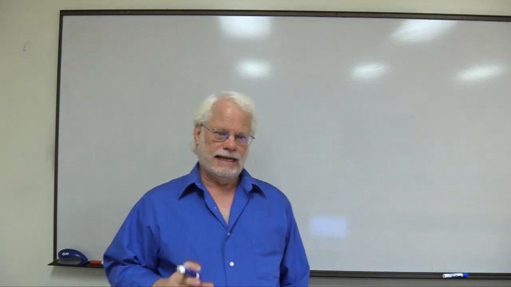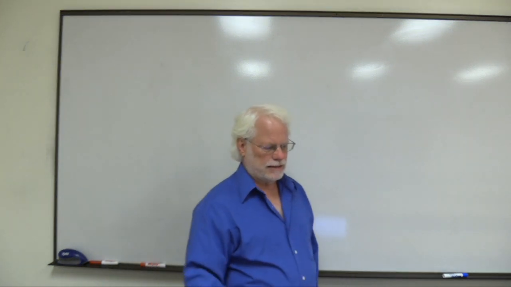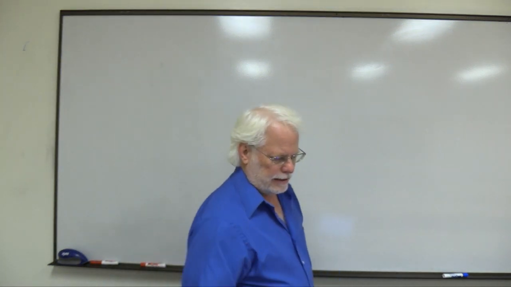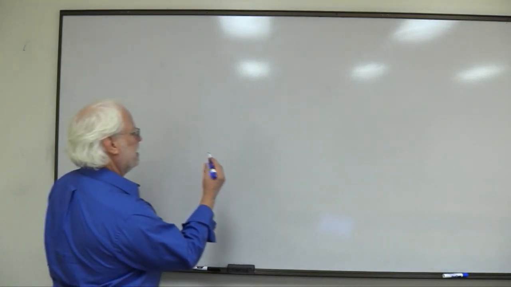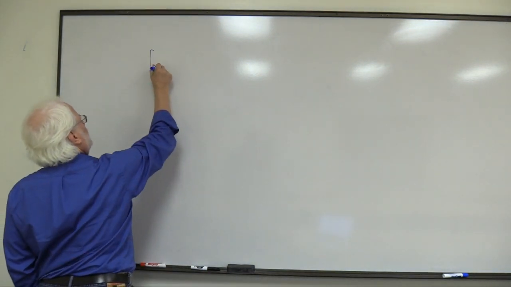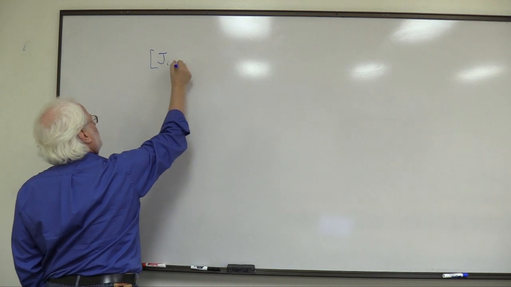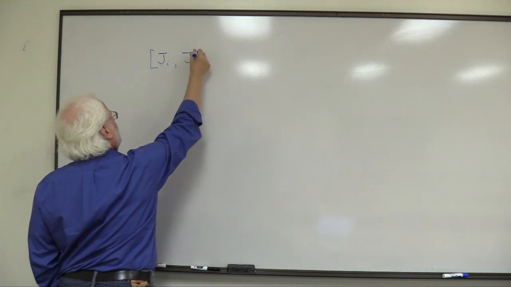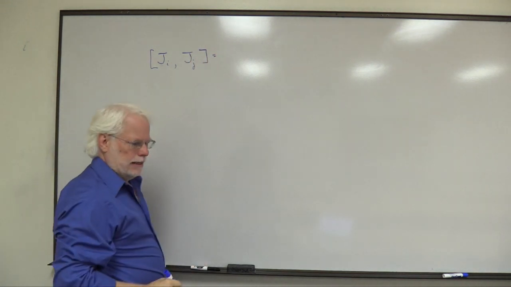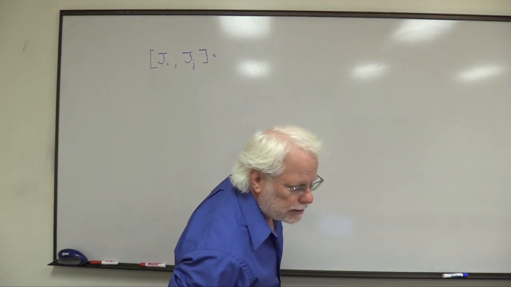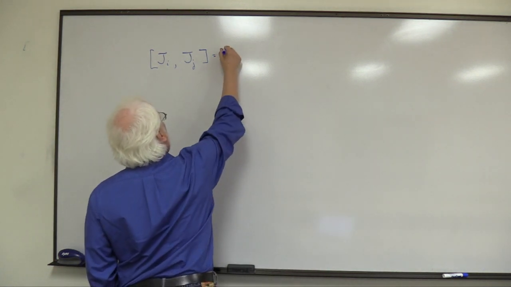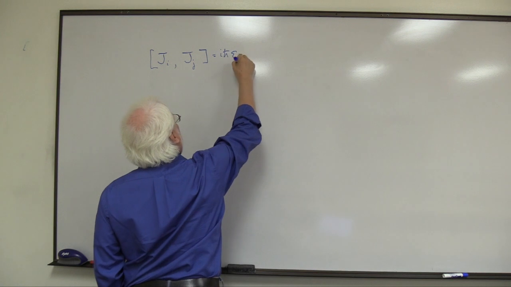I won't talk about that yet. For right now, let's just look at the fundamental commutators for the rotation group. And we've shown that these take the form [Ji, Jj] = iħ ε_ijk Jk.